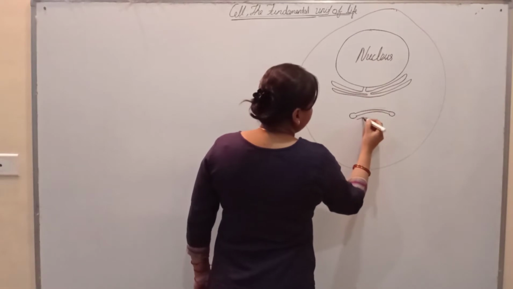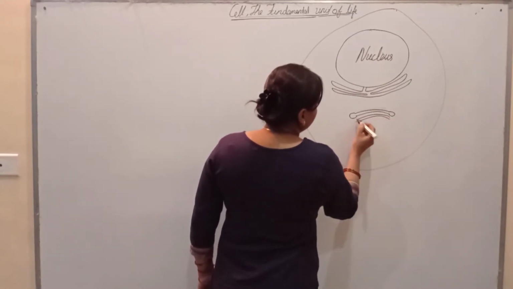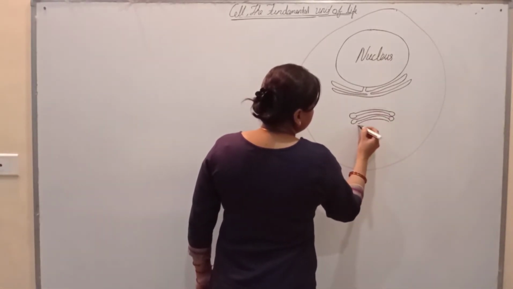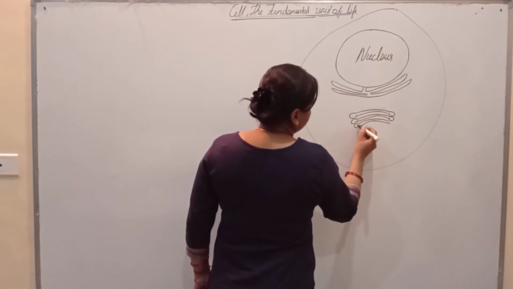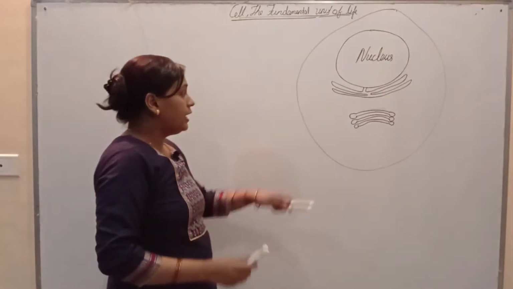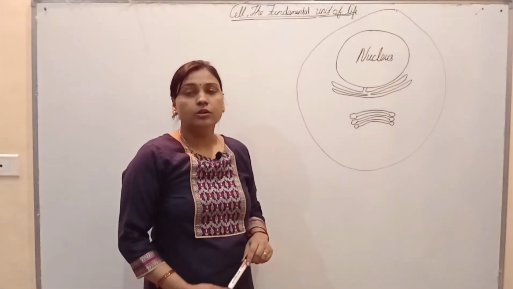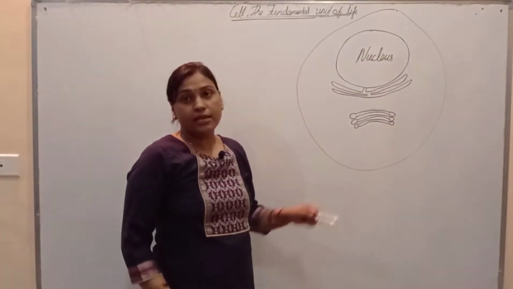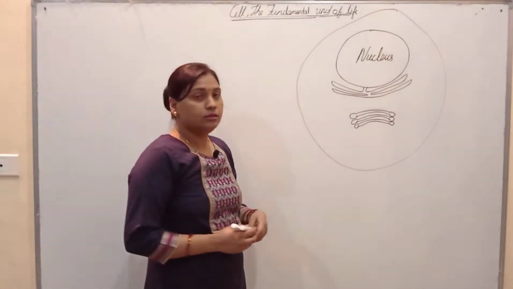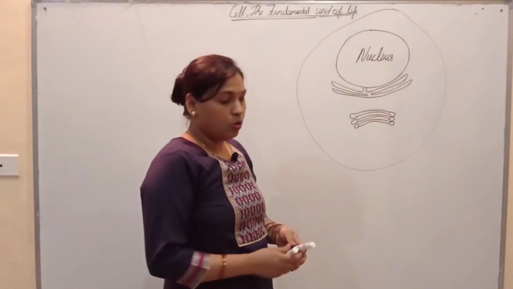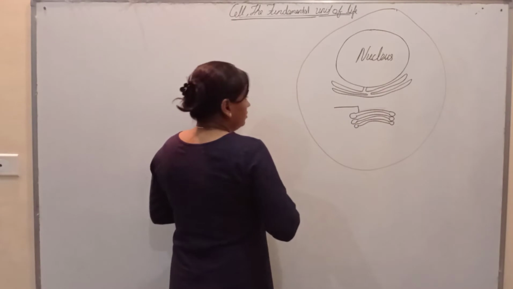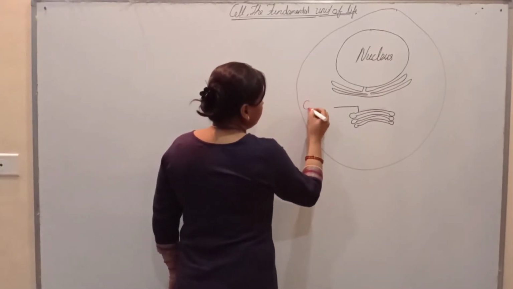These are flattened sacs that are kept parallel over one another to form stacks. These flattened sacs are called cisternae, and when they are kept over one another parallel to each other, these stacks are called cisterns.